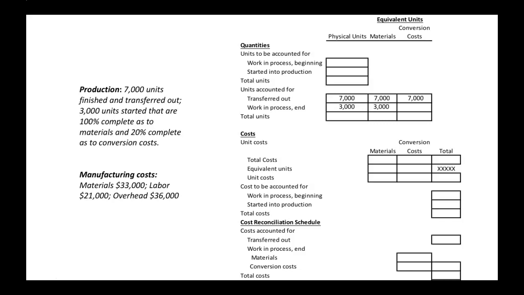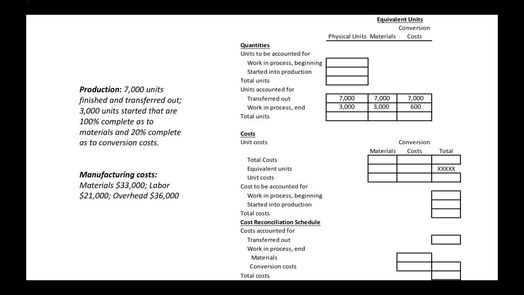So all 100% goes into the materials column. For conversion costs, they're only 20% complete, right? So we haven't put in all of the labor and the overhead into these products yet. So that's why we're still working on them at the end of the year. So we take 20% of 3,000 and we get 600. So we put 600 there for the conversion cost ending work in process.